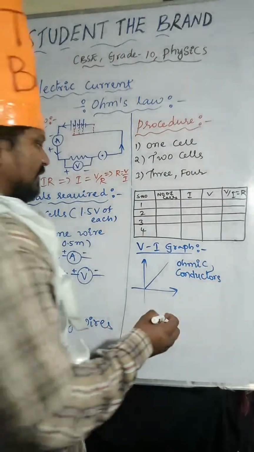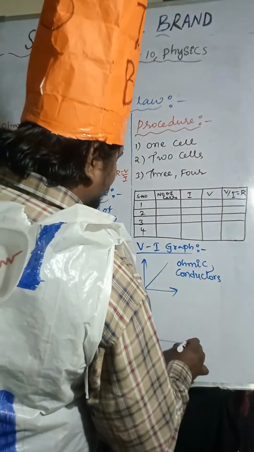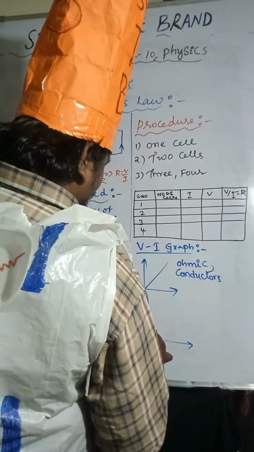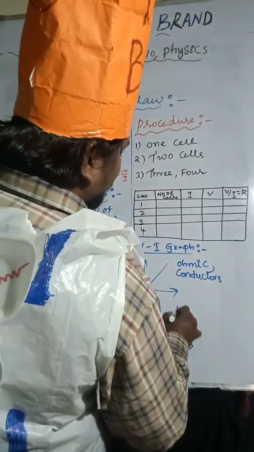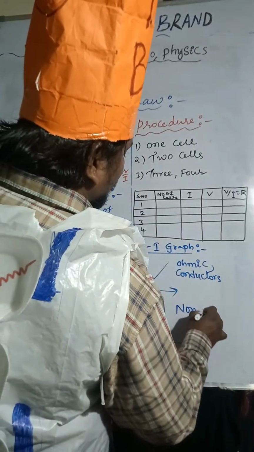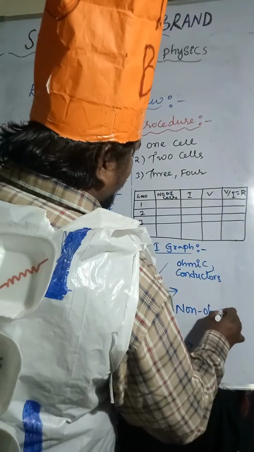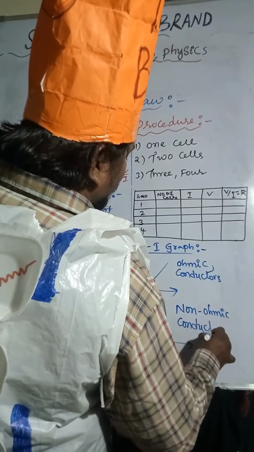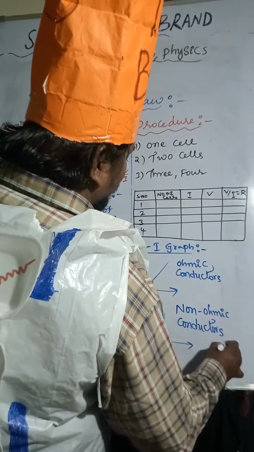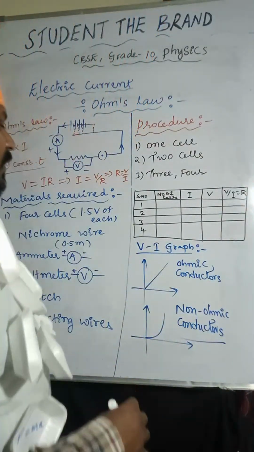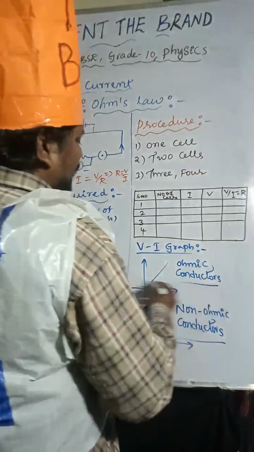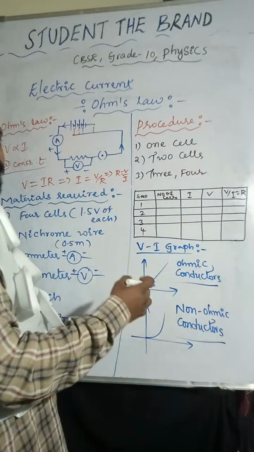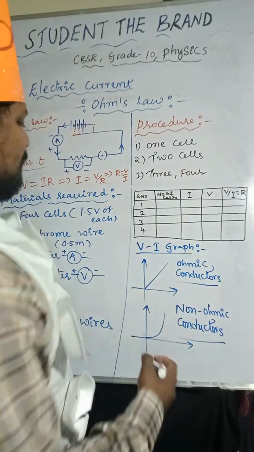For non-ohmic conductors, it is a curve. So for ohmic conductors, the graph is a straight line. Okay, so it will be like this. For non-ohmic conductors, the graph is a curve.